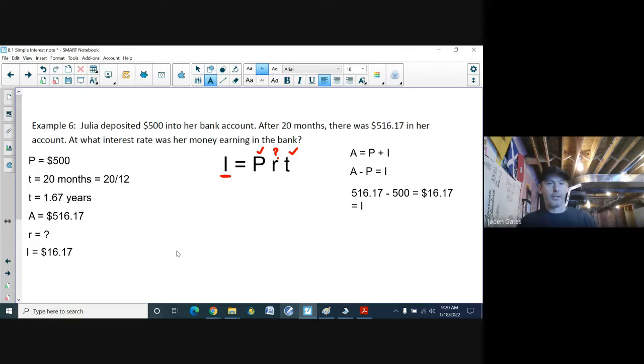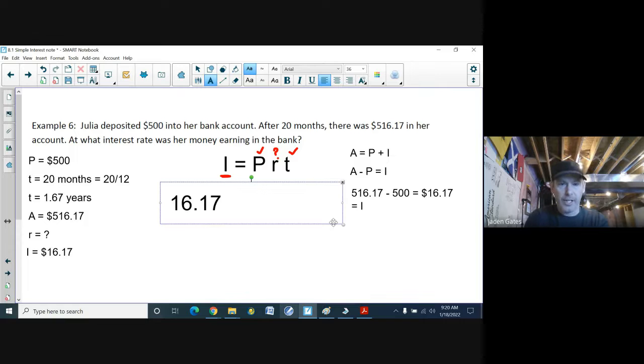All right, so now we have everything for our formula. So now I'm going to substitute in, and then we'll find our rate. All right, so my interest, again, is $16.17. My principal was $500. I'm trying to find the rate, and I'm going to multiply that by the time, 1.67.